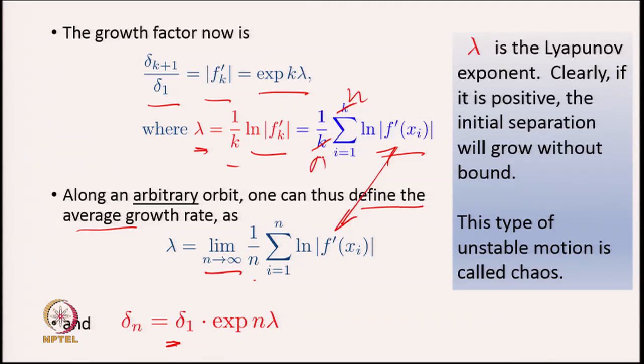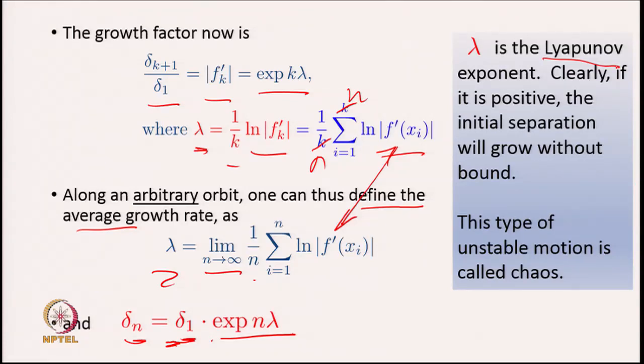So, I have the average value of this particular growth factor, and after n steps delta n will just be delta 1 times the exponential of n times lambda. This quantity lambda is termed the Lyapunov exponent, and it gives you the average rate of growth of small displacements from some reference or fiducial point.